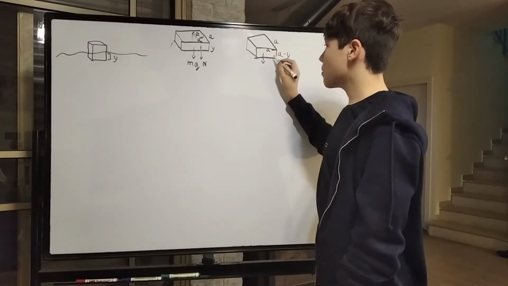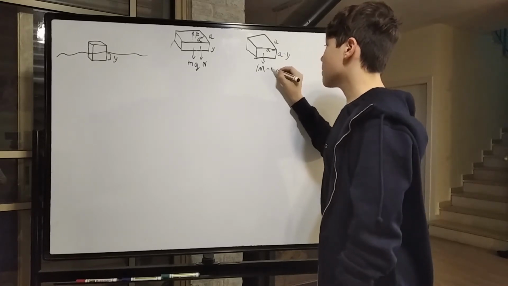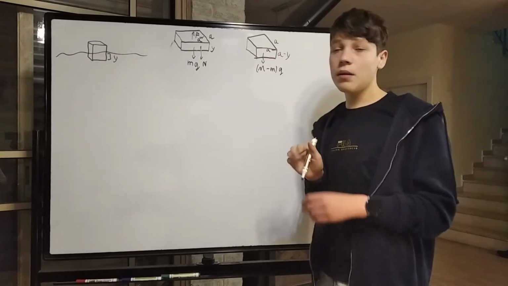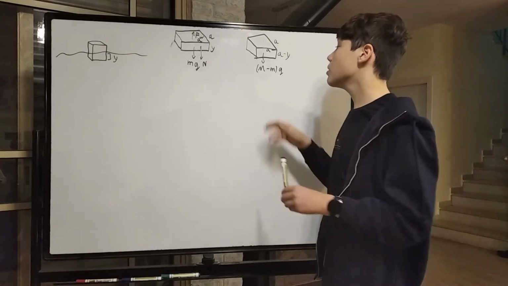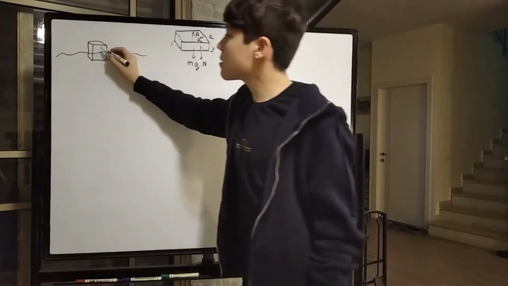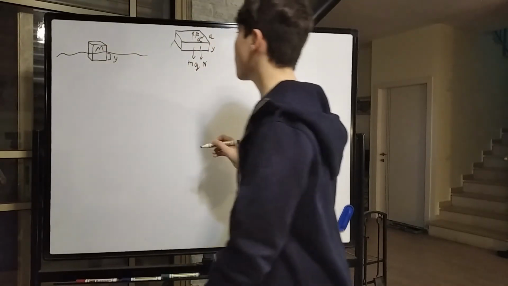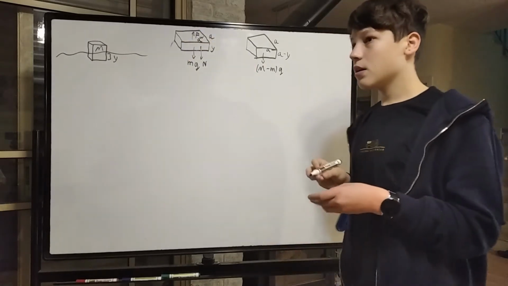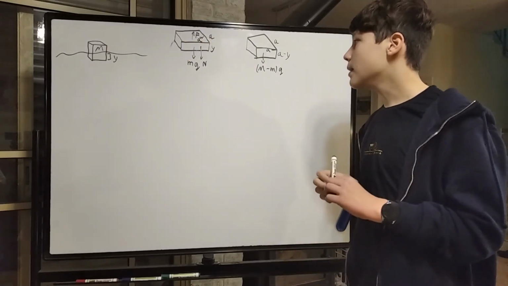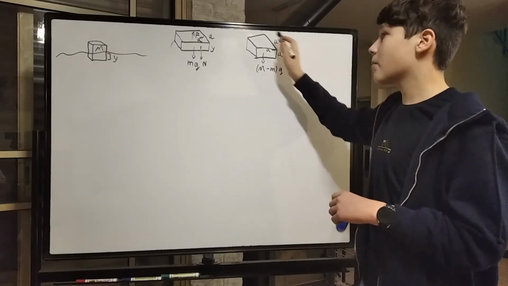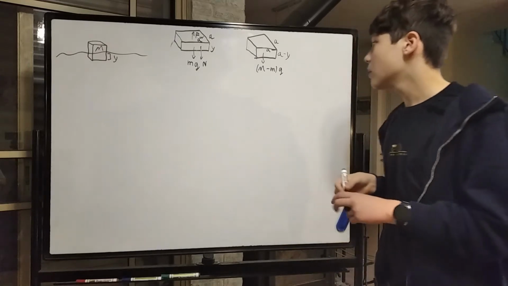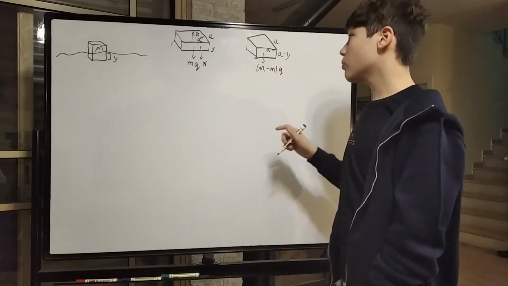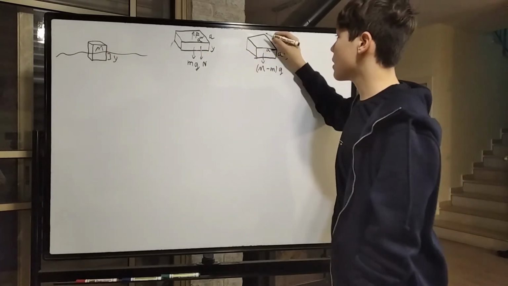There is big M minus small m g, and this is the mass of this object, because the mass of the entire cube we can mark as big M, and we marked the mass of this little sliver of the cube as small m, meaning that the rest of the cube has to weigh big M minus small m. And so this is the force down, and then upward there is still that normal force, because these two are touching in our scenario.